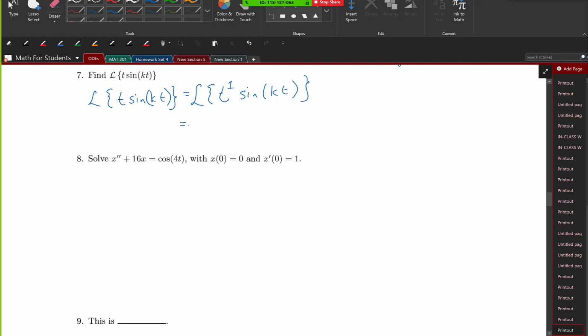So the above theorem says we're going to take -1 and raise it to that first power, and then multiply this by the nth derivative, so in this case the first derivative, of the Laplace transform of the sine of kt.